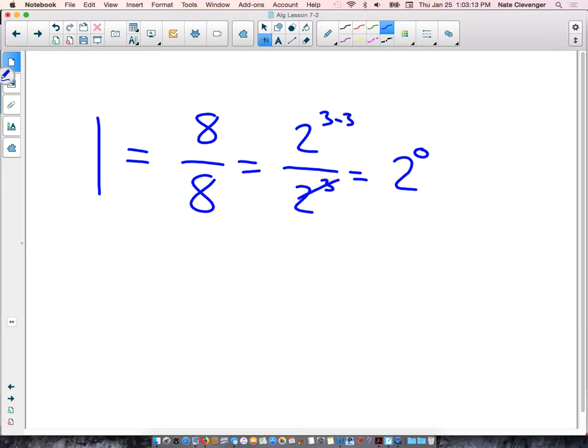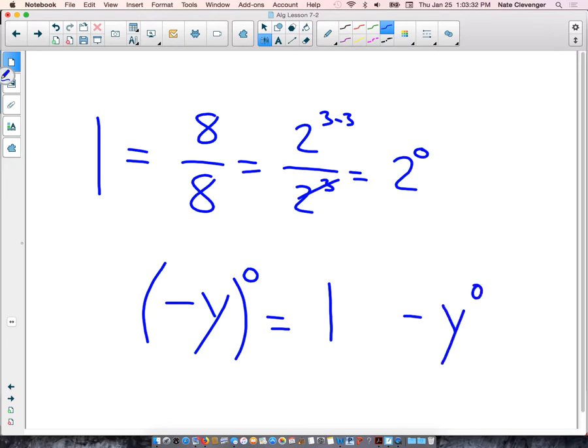If I have negative y in parentheses to the 0th power, because that 0 is being applied to the entire parentheses, that's going to equal 1. Okay? If the negative was not in parentheses with the 0, and this is where you have to be careful, the 0 is not applied to the negative.